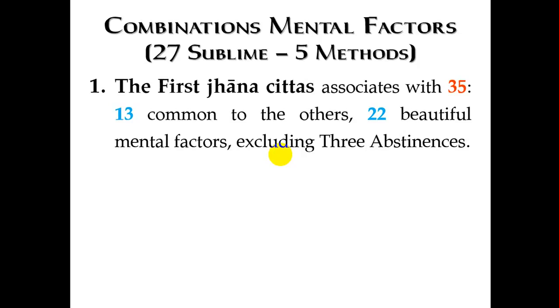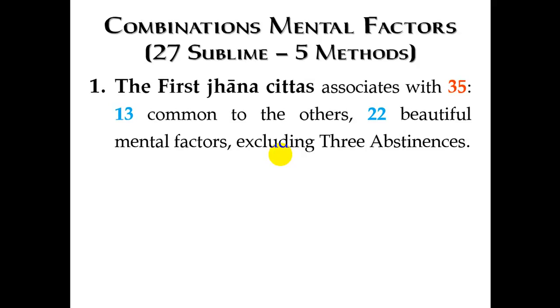Basically we can divide the 52 Cetasikas into 3 groups. The first group is the 30 common to the others. These 30 are associated with either good or bad. Even though this one is a good one, it still associates with the common to the others.